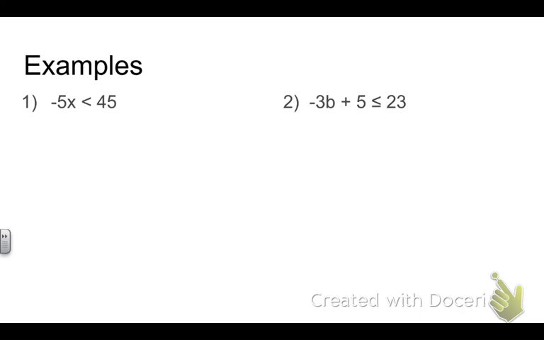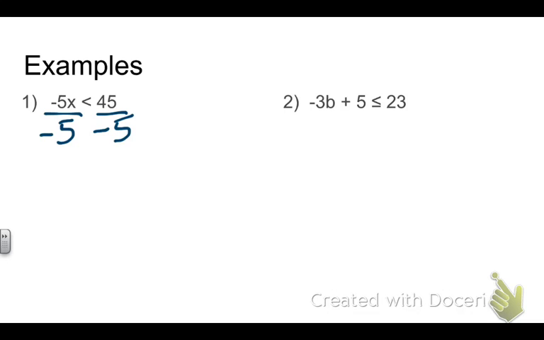But right now, just going through the motions, if you have negative 5 times what number is less than 45? X is being multiplied by negative 5, so you need to divide by negative 5 on both sides. So here's where the issue is.